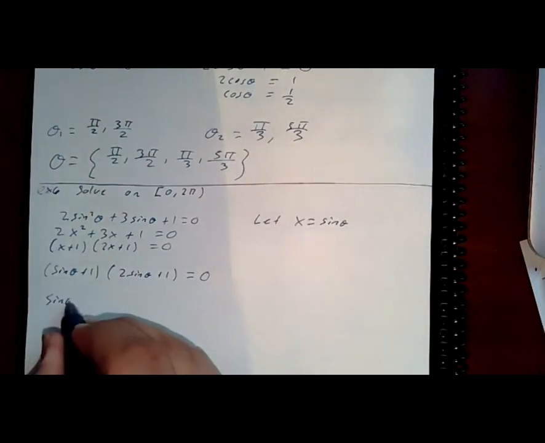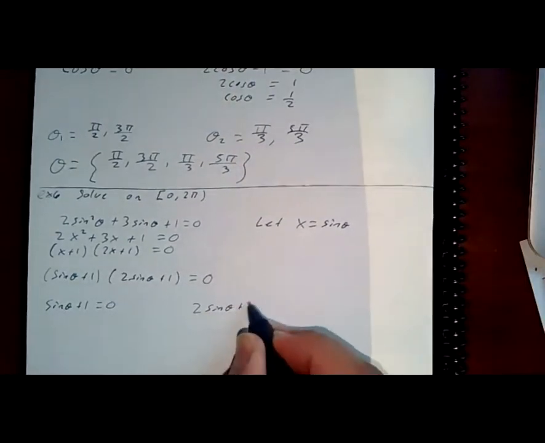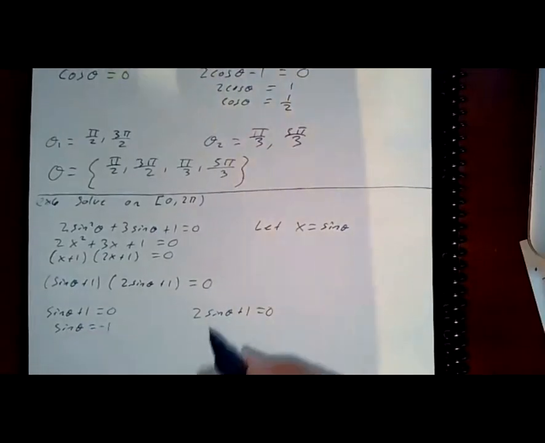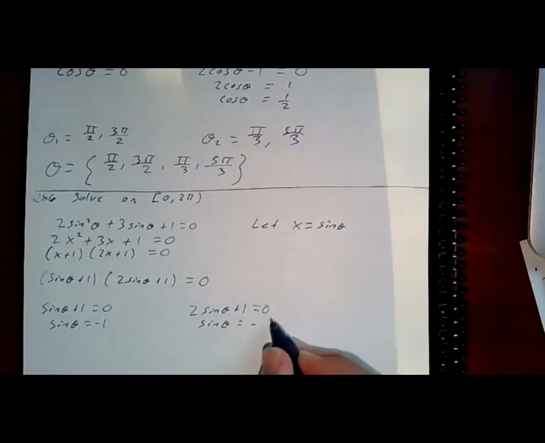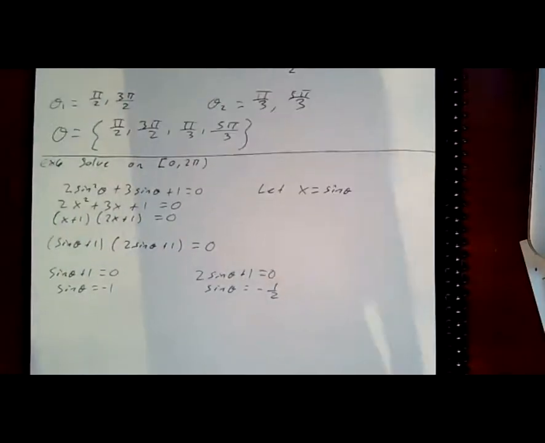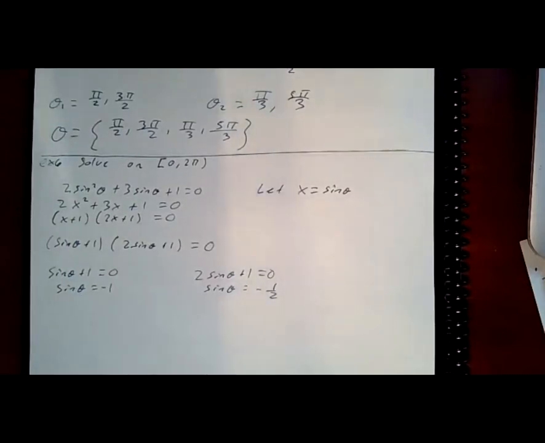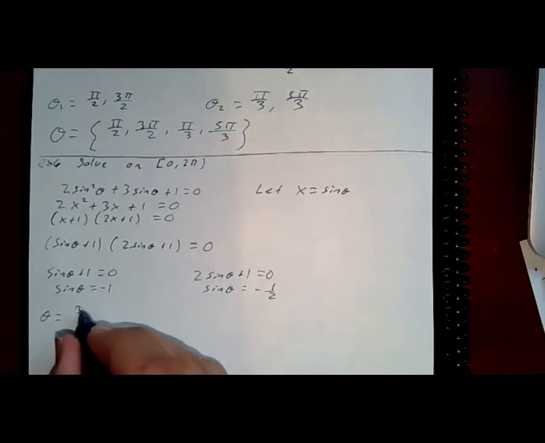So sine theta plus 1 equals 0, and 2 sine theta plus 1 equals 0. So where is sine theta equal to -1? And where is sine theta equal to -1/2? Once you solve, theta is equal to 3 pi over 2.